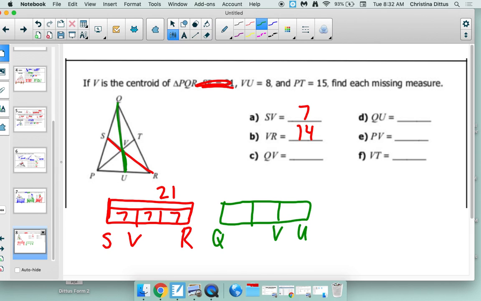Now I know VU is 8, so each box in here has to be 8. So how big is QV? 16. And then QU, the whole line, is 24. Nice.